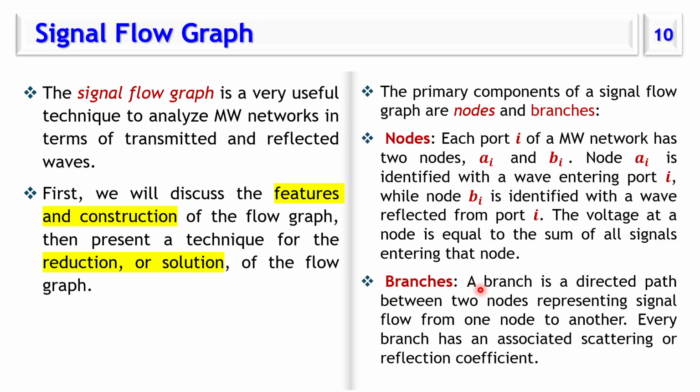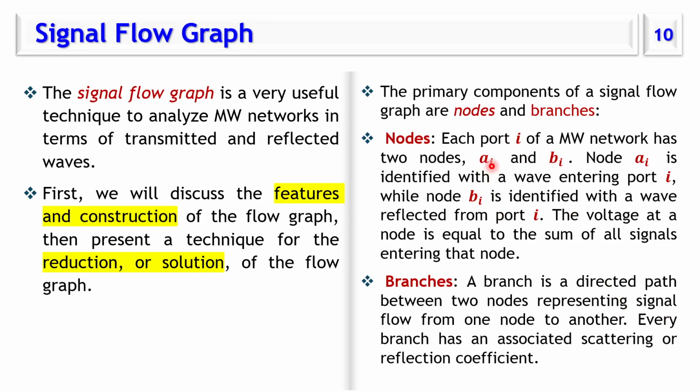A branch is a directed path, so it's an arrow with direction between two nodes, representing the signal flow from one node to the other. For example, if we have some reflection at port 1, the power that goes in port 1 will be launched inside A1.